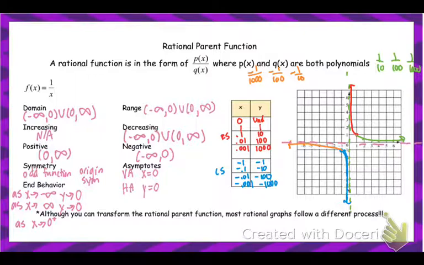So if I look at the right side of 0, well, the right side of that graph, as I get closer to 0, is approaching positive infinity. Then I can look as x approaches 0, I could put a little negative, that means the left side of my graph. Well, the left side of 0, as I get closer to 0, those values are again getting smaller. So y is approaching negative infinity.